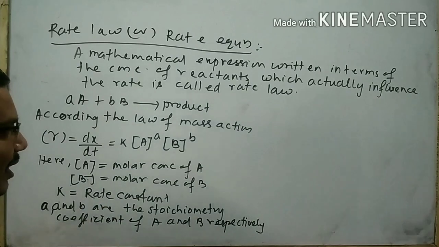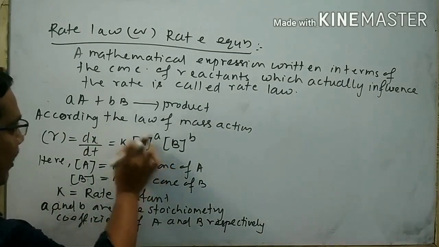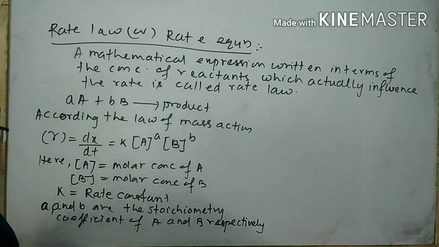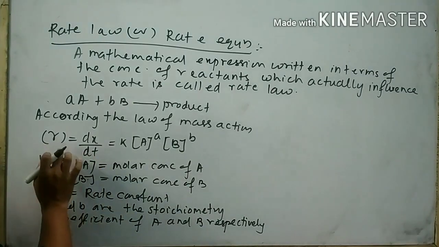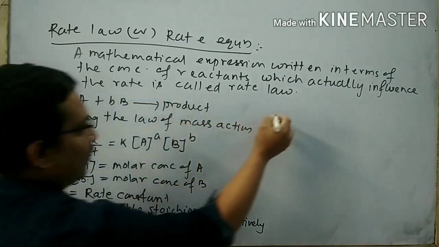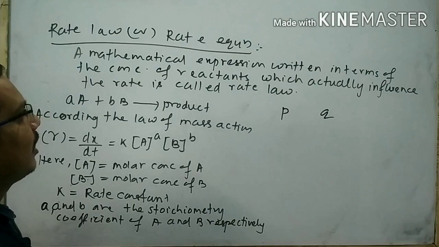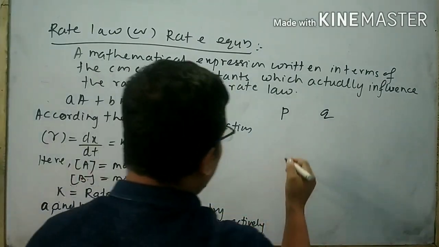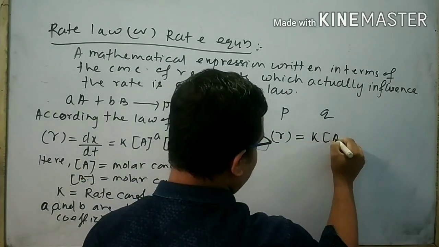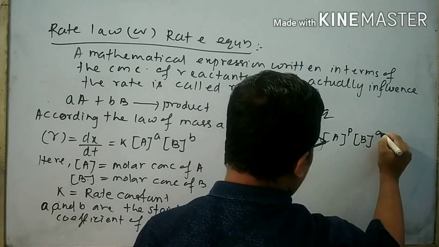Experimentally, it is seen that the rate of reaction may or may not depend upon the coefficients of A and B. Suppose the rate of reaction actually depends upon p moles of A and q moles of B, then according to the rate law, the expression is written like this: R equal to K into concentration of A power p into concentration of B power q.